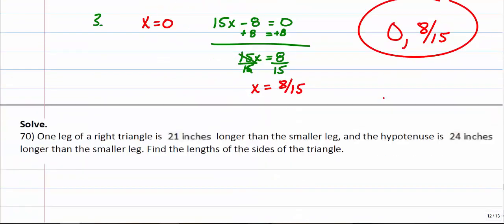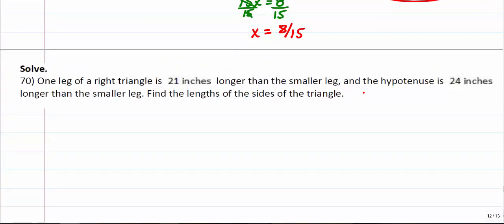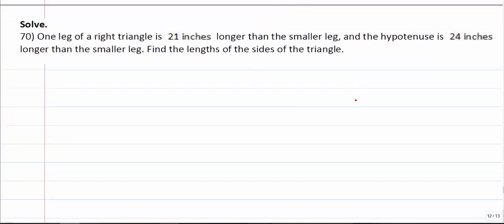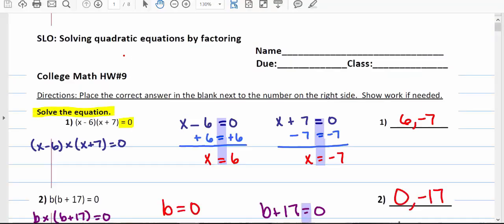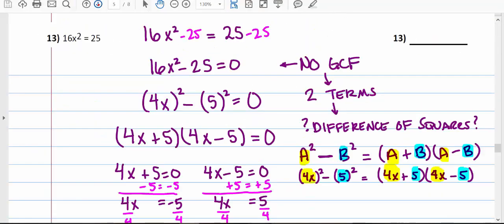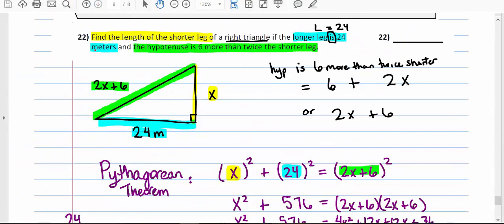Number 70 is going to be bonus on the test. So the bonus question on your midterm will be one like number 70. I will say this. If I go back and look at the homework number 9 solutions that I emailed you, the last problem is a lot like number 70.